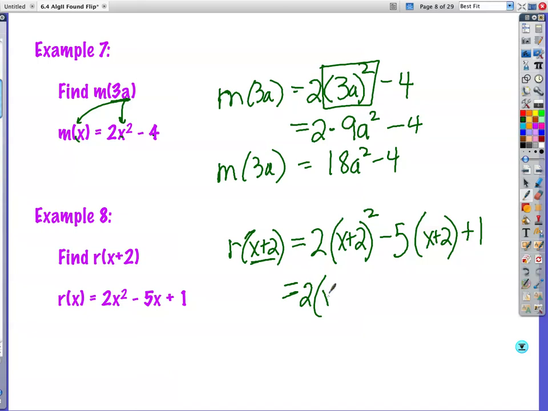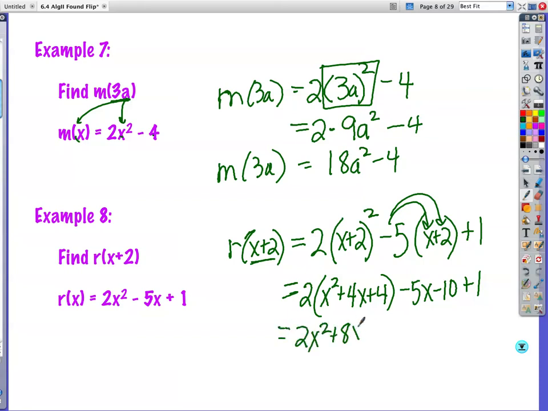I should probably show you the steps, but it's going to be x squared plus 4x plus 4. If you're confused on that, write this out twice and FOIL. Minus 5x minus 10 plus 1. I got that negative 5x minus 10 from that. I'm going to keep going here. 2x squared plus 8x plus 8. I'm just going to copy this part down. All right, now I'm going to combine like terms.